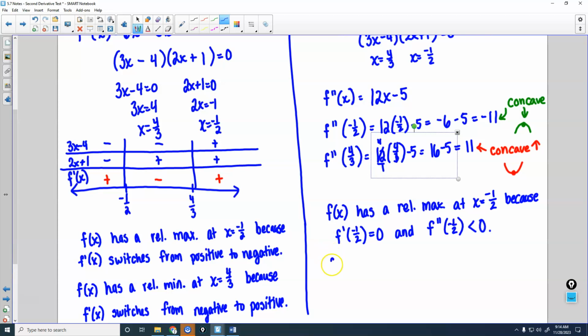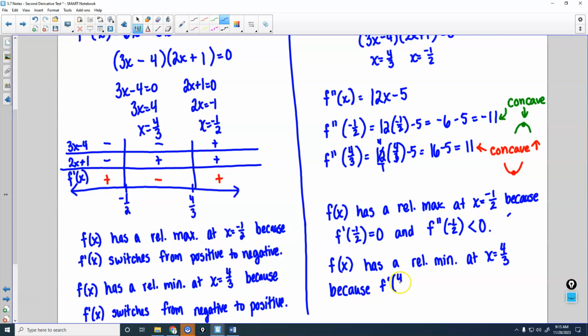Okay, and then our conclusion for the minimum point would be f of x has a relative minimum at x equals 4/3 because f prime of 4/3 equals 0 and f double prime of 4/3 is greater than 0.